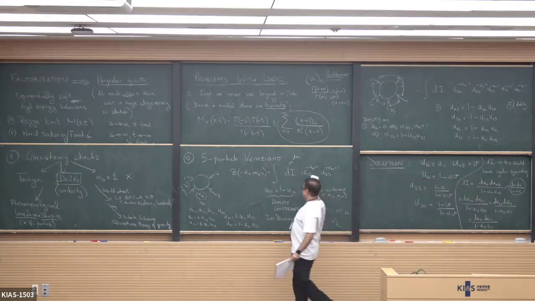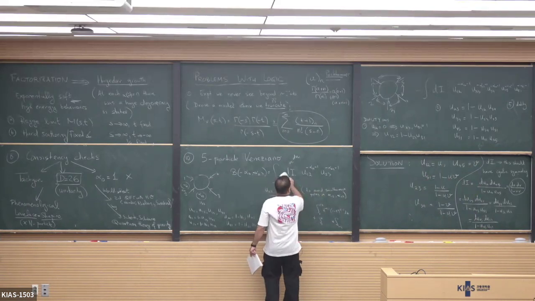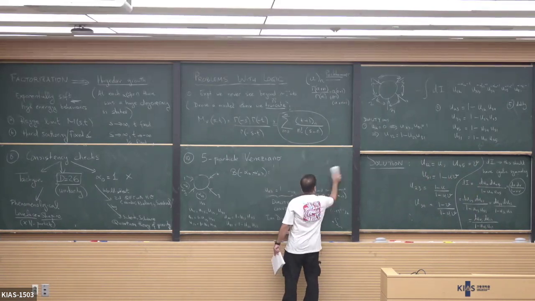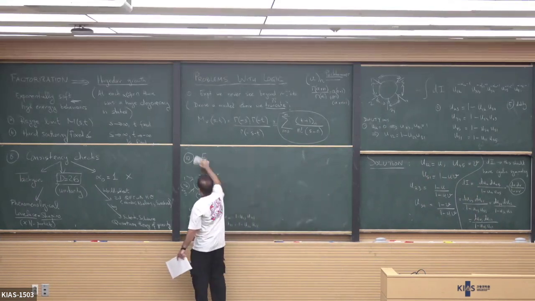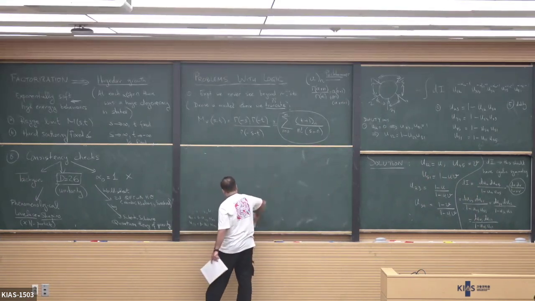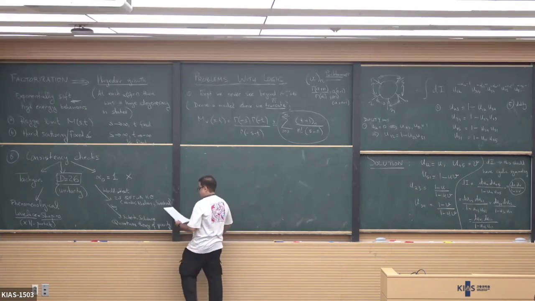So it looks like a complicated version of this guy. Let me just write it down. The Euler beta integral gave you gamma functions, a ratio of gamma functions.